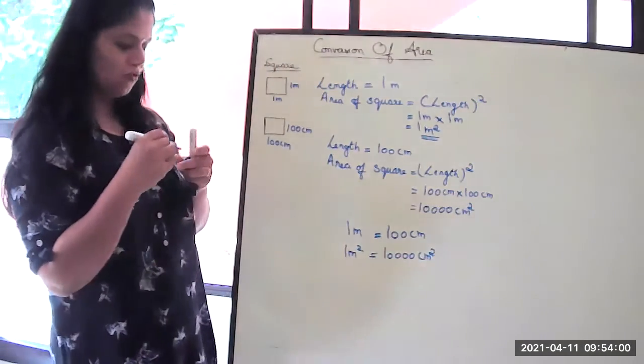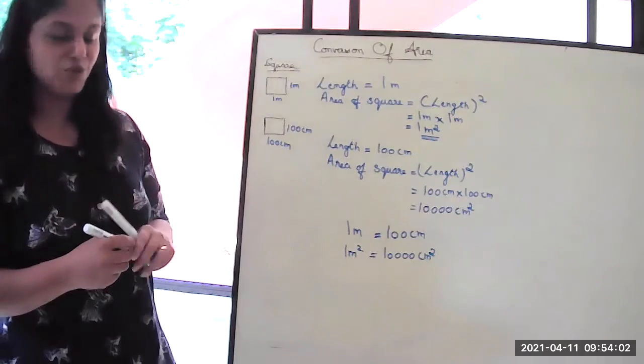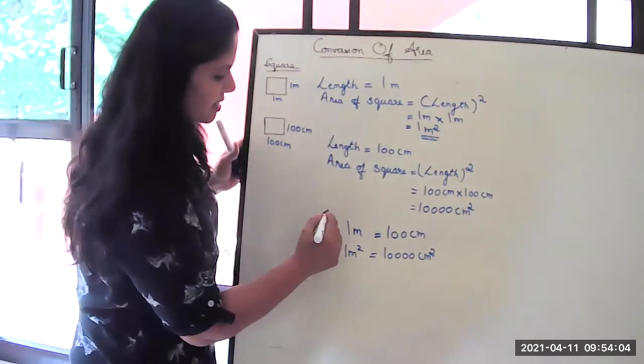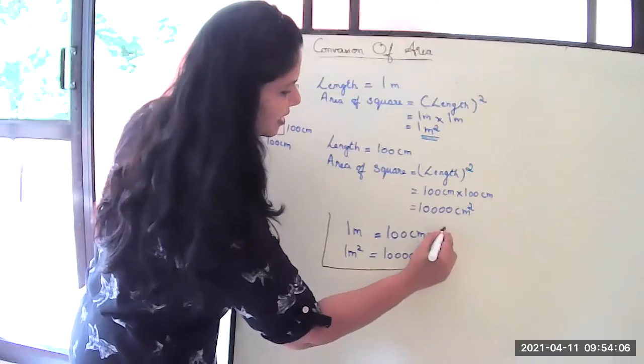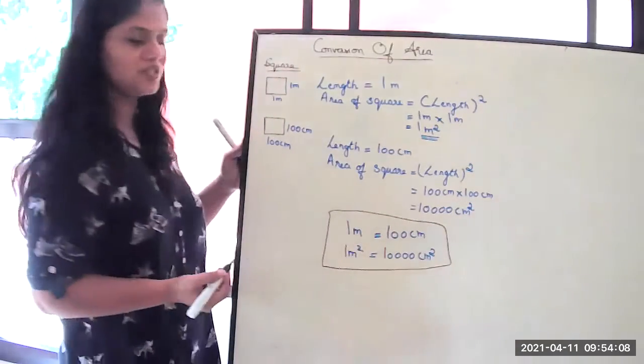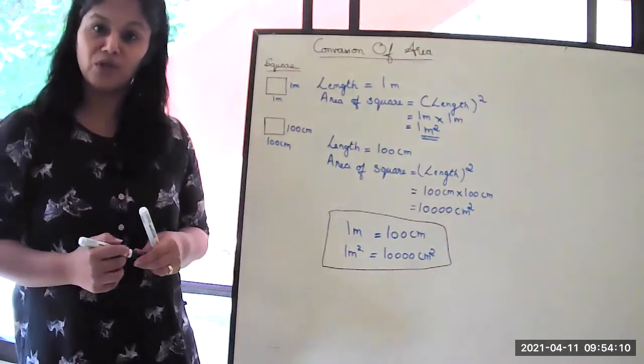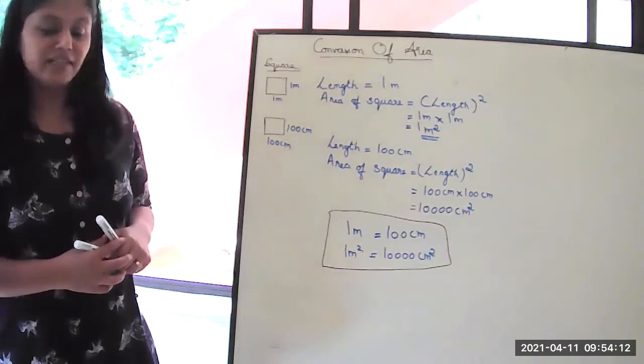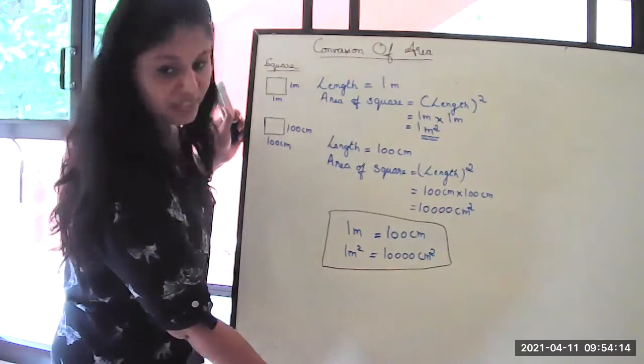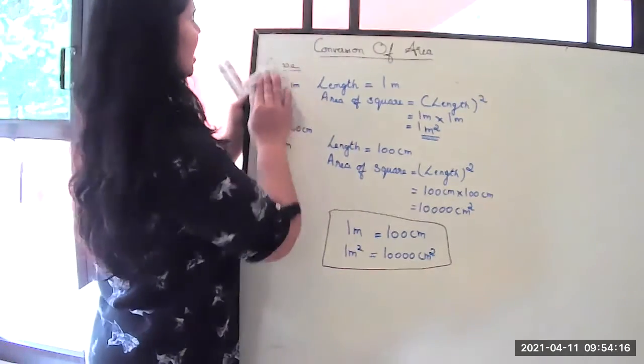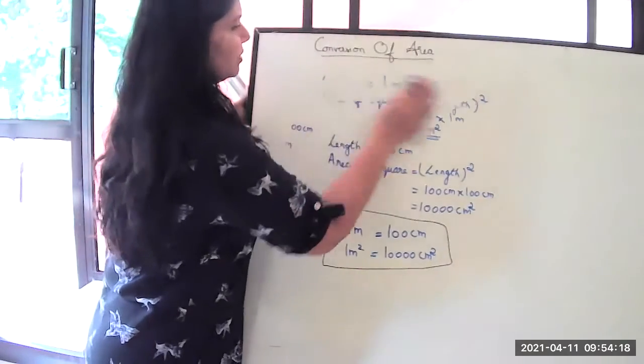Okay. So 1 meter is equal to 100 centimeter. Then 1 meter square is equal to 10,000 centimeter square. Now let's see how to do a problem with this.